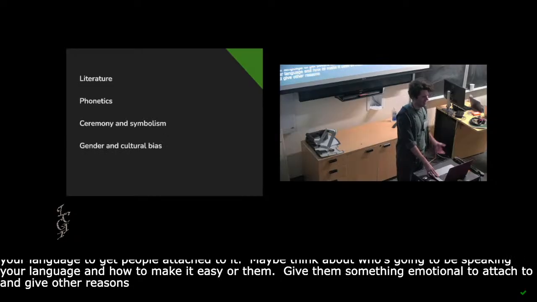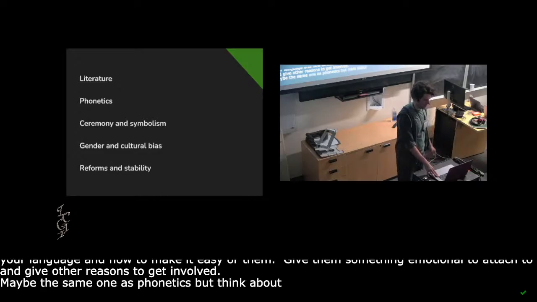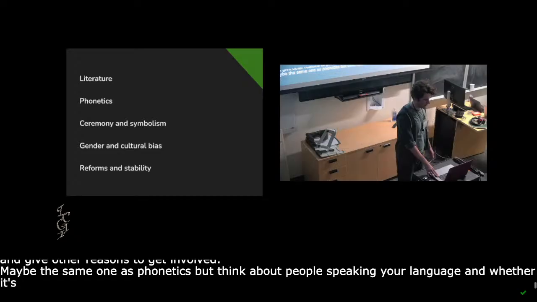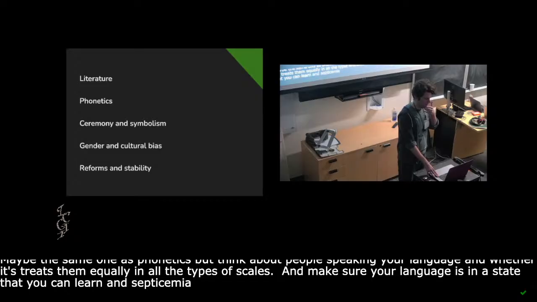And then this is maybe the same one as phonetics, but it's also like, think about the people that are going to be speaking your language and whether your language is nice to them and whether it treats them equally on all kinds of scales. And then make sure that your language is in a state that people can actually start learning it and speaking it before you get your marketing rolling. Yeah, and that's the whole talk.